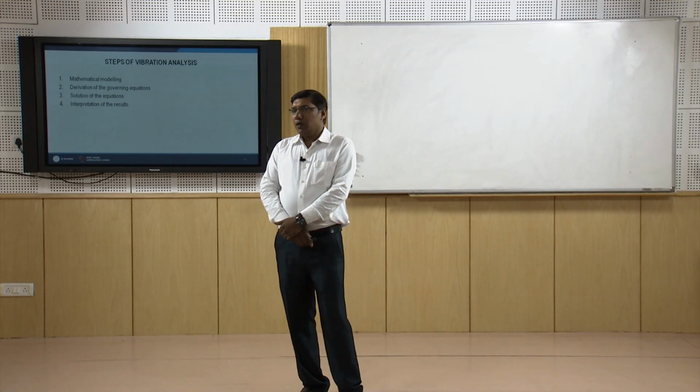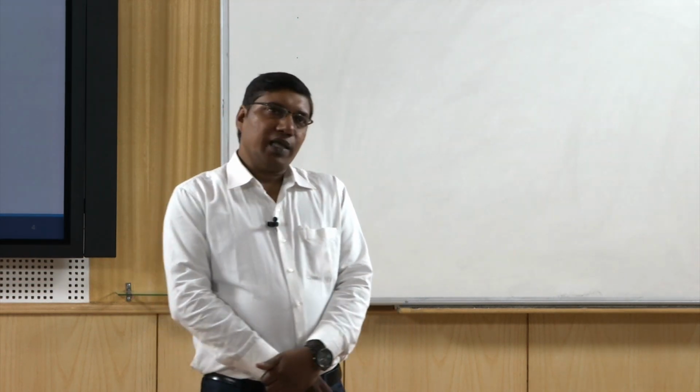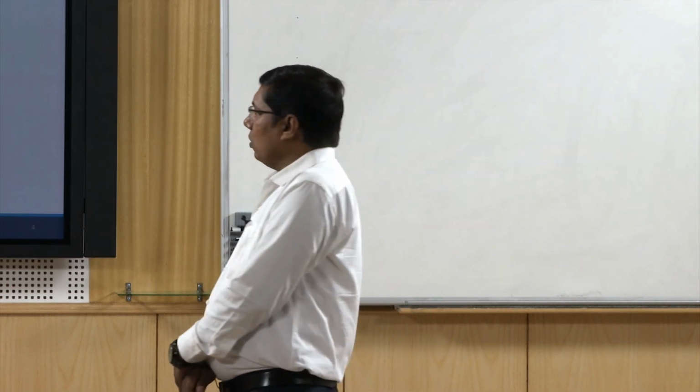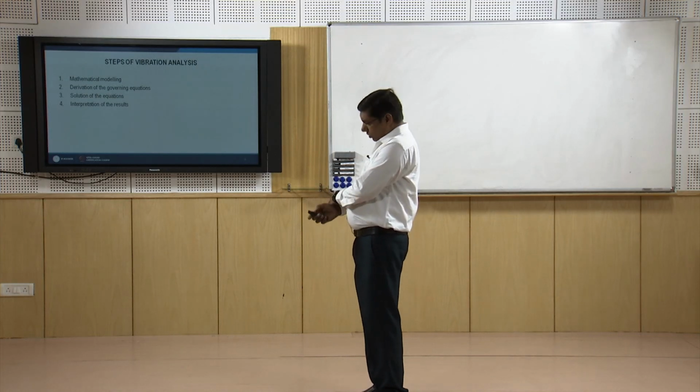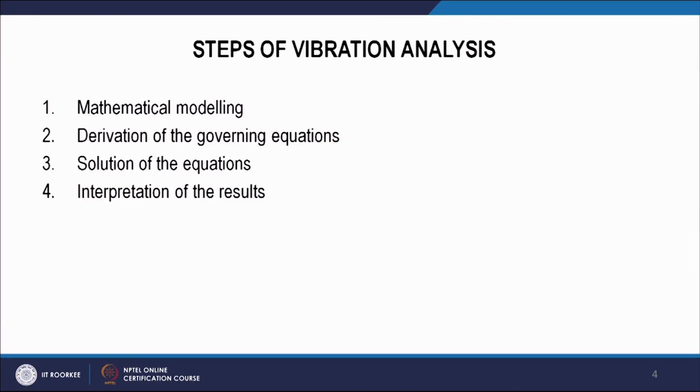Then these results how we will interpret, how we will correlate with the physical system, what are the properties that we want to know, we want to know the response of the system. Okay. So, here are the 4 basic steps. They are mathematical modeling, then derivation of the governing equations or differential equations, then the solution of the equations, and then interpretation of the results.